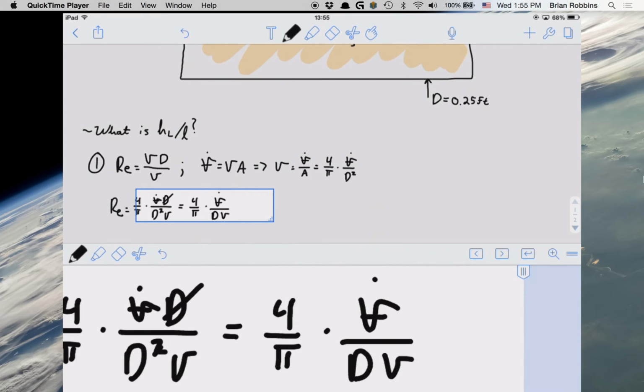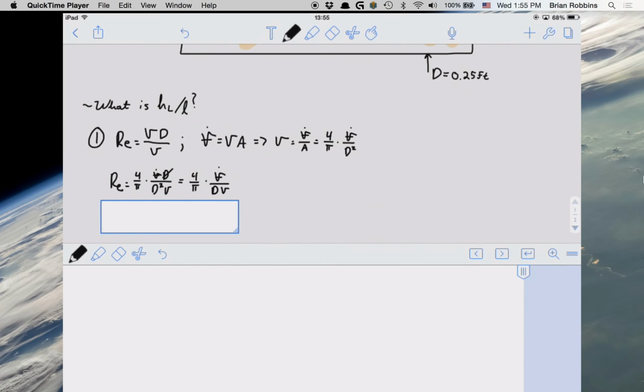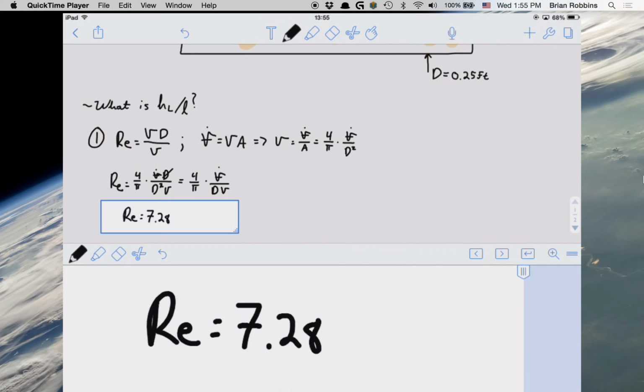So now we have our Reynolds number in terms of all things that we know in our problem. If we plug in all of our known values, what we end up getting for Reynolds number is 7.28, which is a very small Reynolds number.